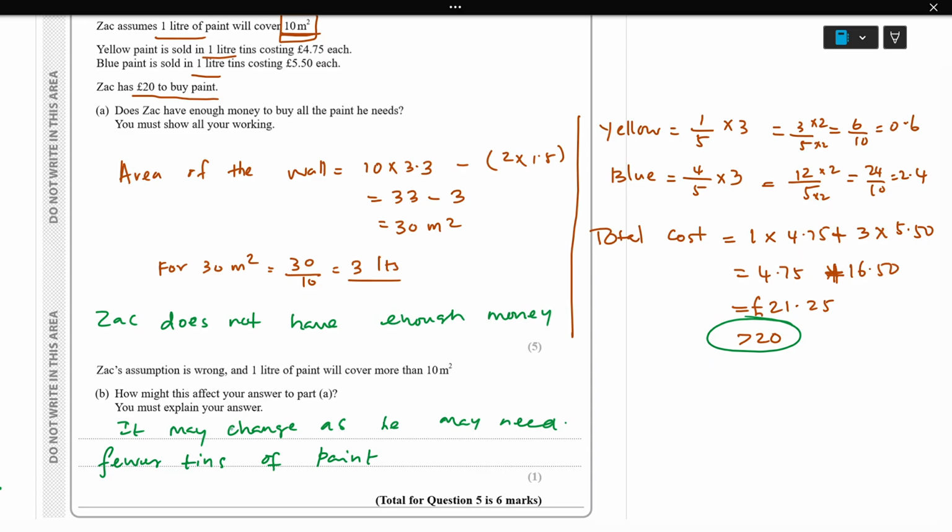So it may change as we need fewer tins of paint. That's it.